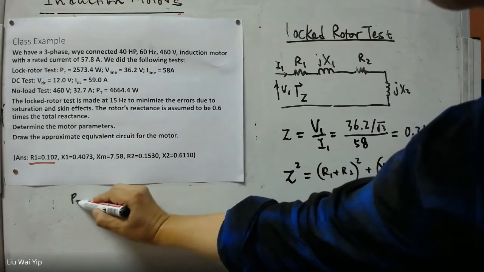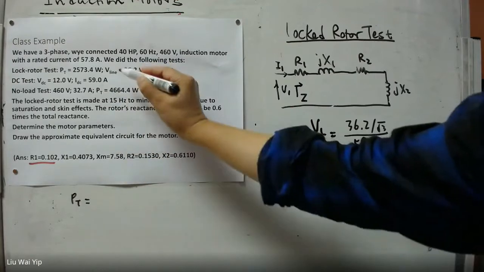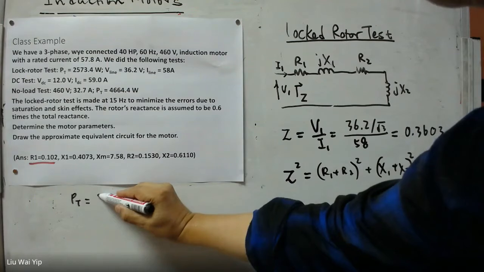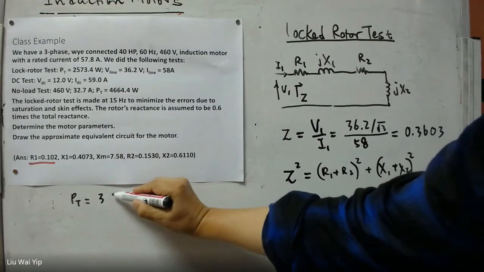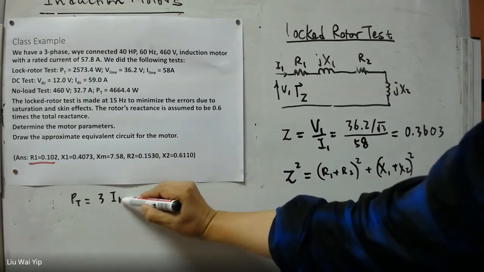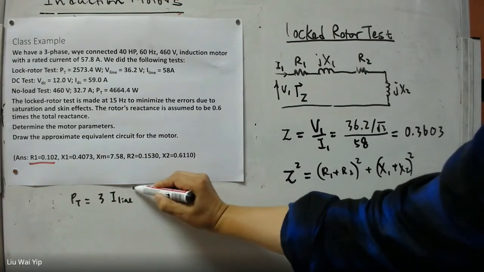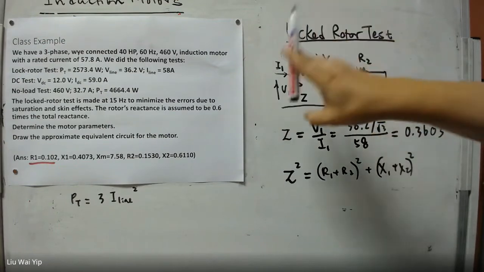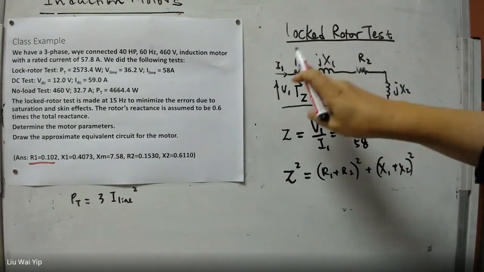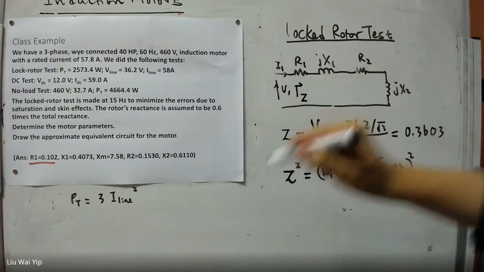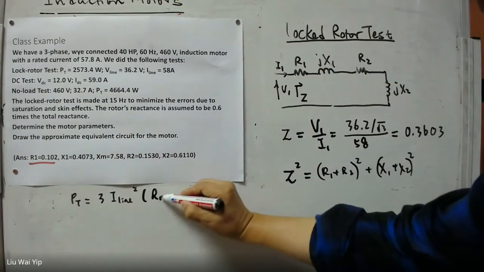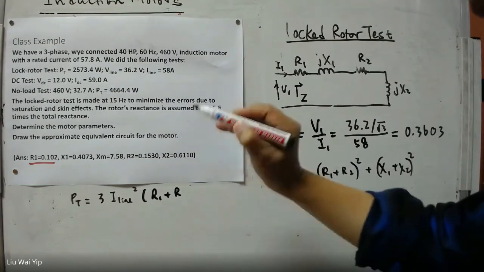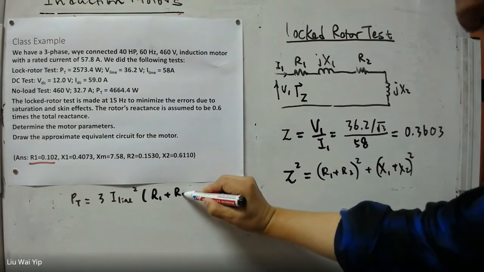So the line power is P_T, which equals 3 times I_line squared times the total resistance in this circuit, R1 plus R2. Resistance is the only element that would consume power.